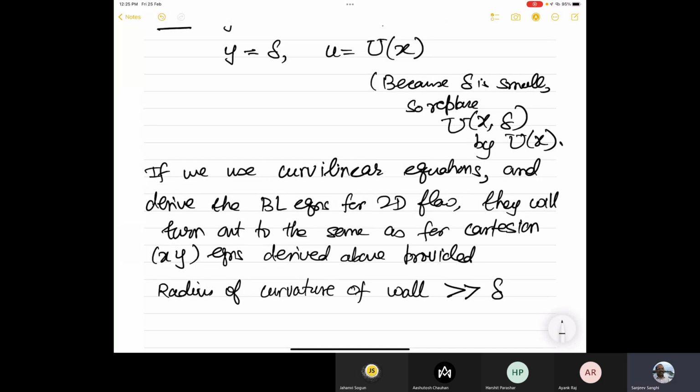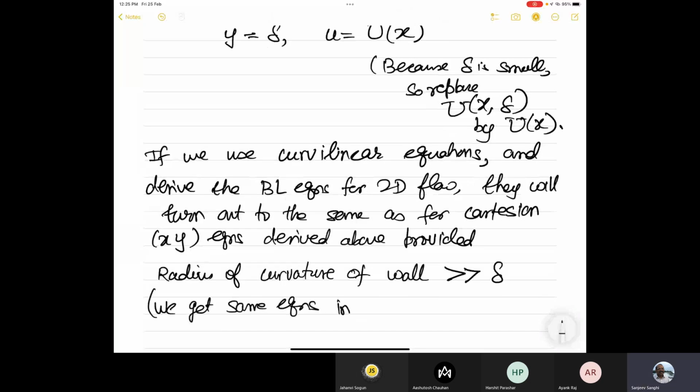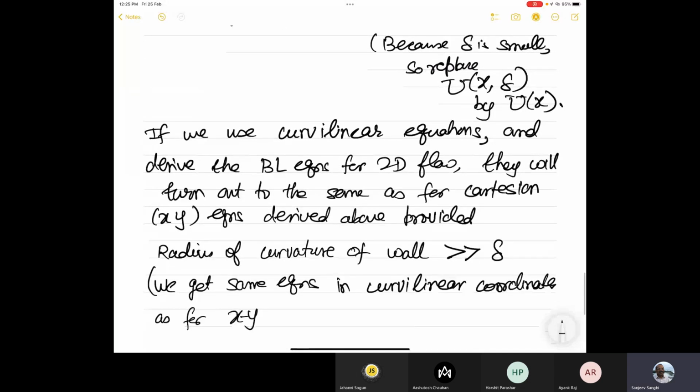That means if the radius of curvature is large, we get the same equations in curvilinear coordinates as for XY coordinates.